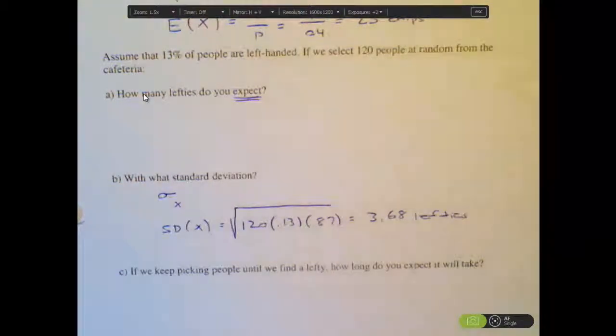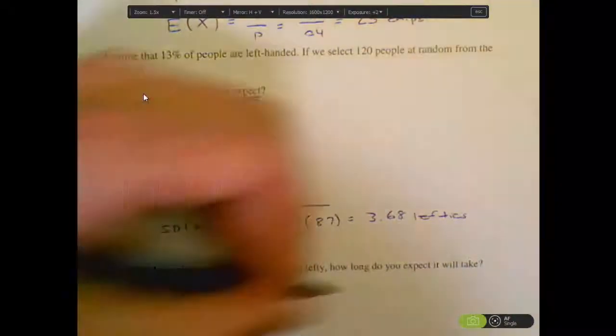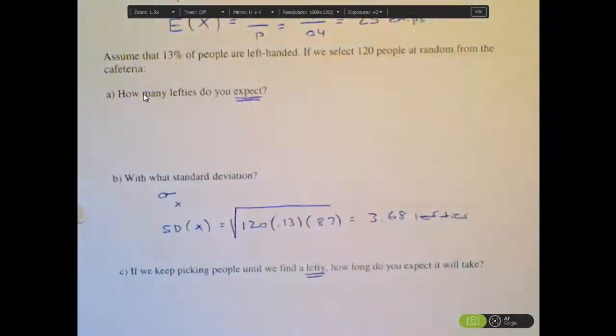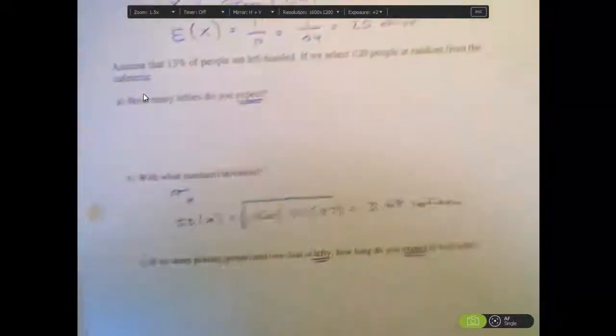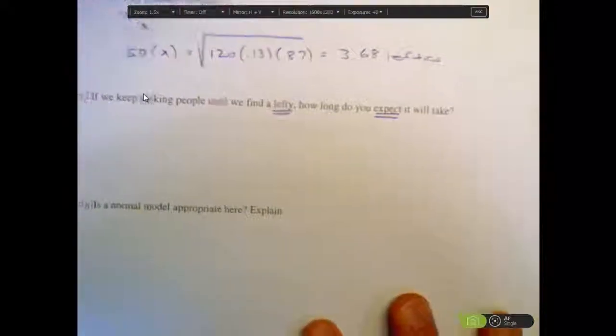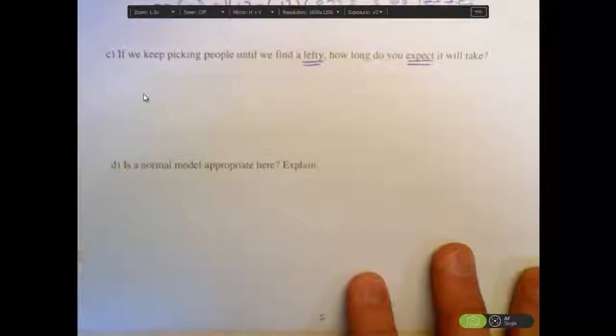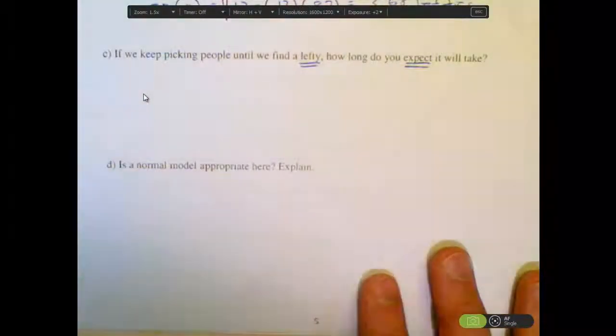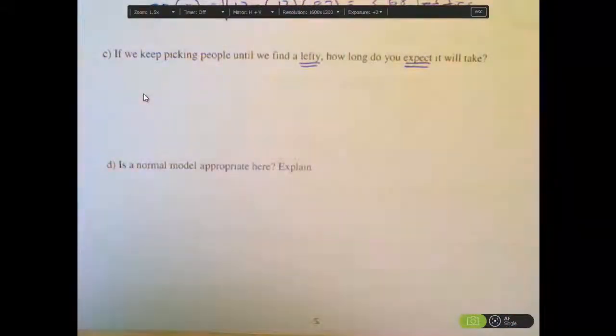All right, part C. If we keep picking until we find a lefty, okay, we keep going until we get that first success. How long do I expect as an expected value it's going to take? So you should be thinking to yourself, all right, how long until that first success? We're talking about a geometric probability model right now, so I need to identify a new random variable.